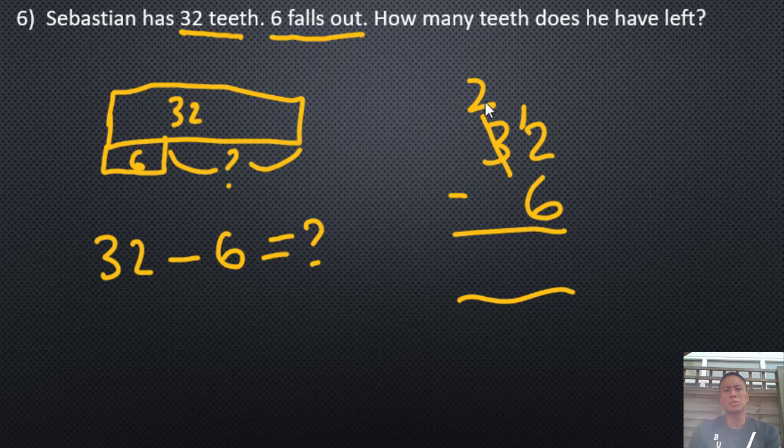So 32 is the same as 20 and 12. So we've got 12 subtract 6 now. So that is 6. And 2 tens subtract 0 tens here is going to be 2. So Sebastian has 26 teeth left.